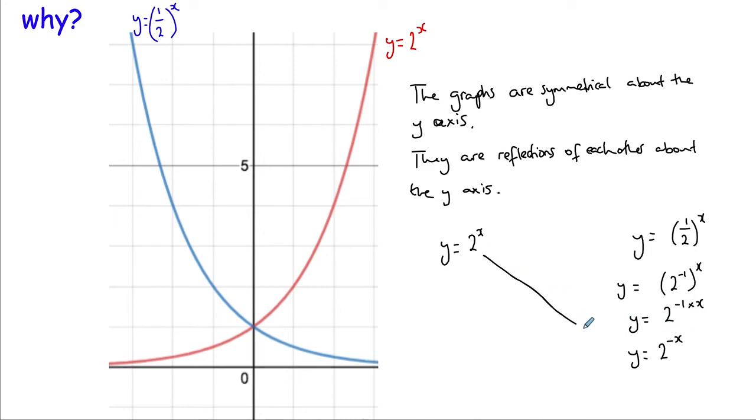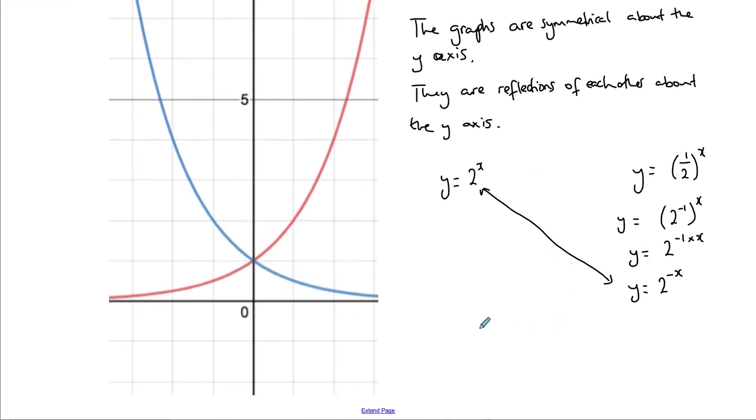Now, how is 2 to the power of minus x and 2 to the power of x related? Well, that's our f of minus x transformation. And x gets replaced with minus x, and when that happens, that is a reflection in the y-axis, which is exactly what we've got happening here.